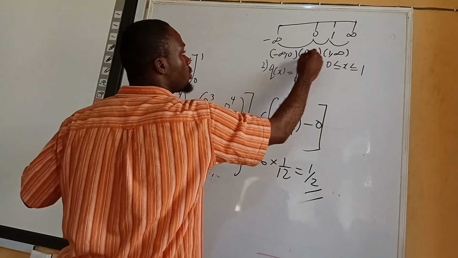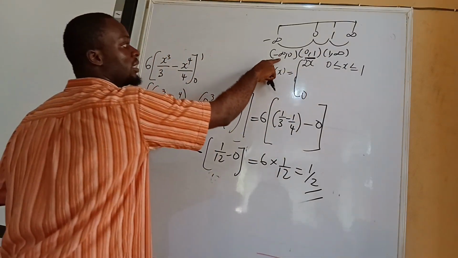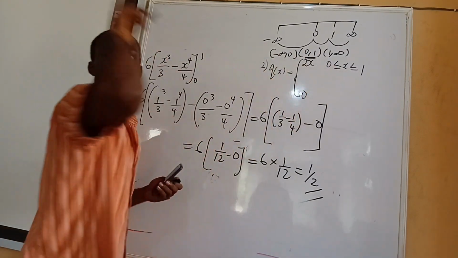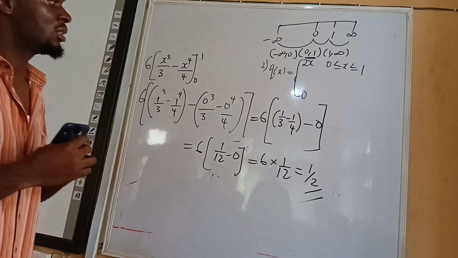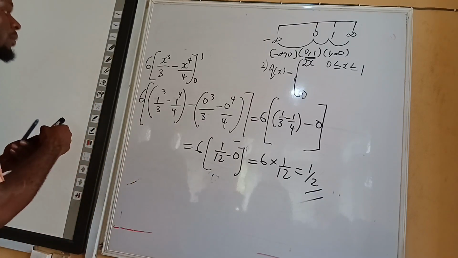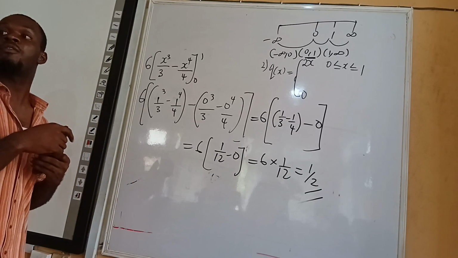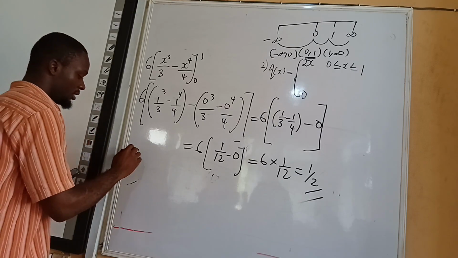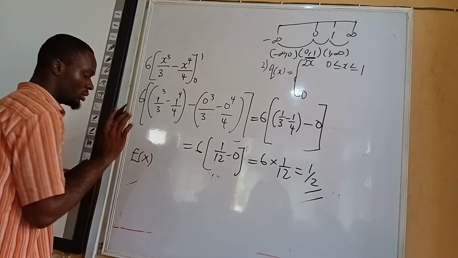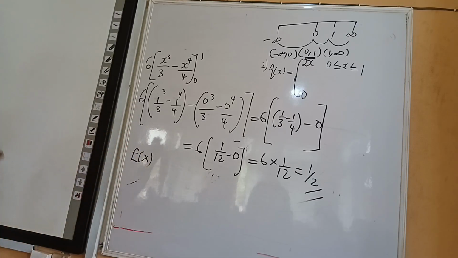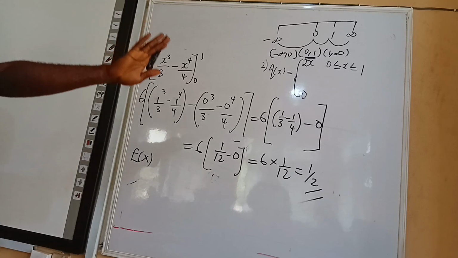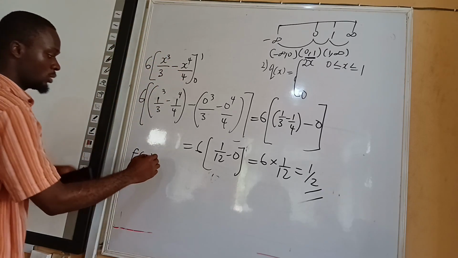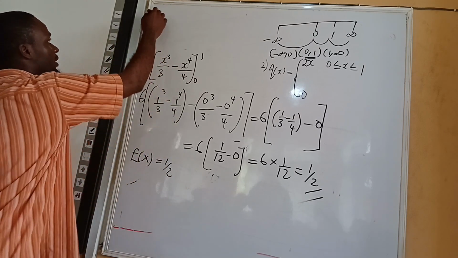The first one is E of X, not P of X. P of x is the function, and we are finding the expected value of x. That's another question, a separate question. Now we've found E of x is 1 over 2. So we want to find E of y.